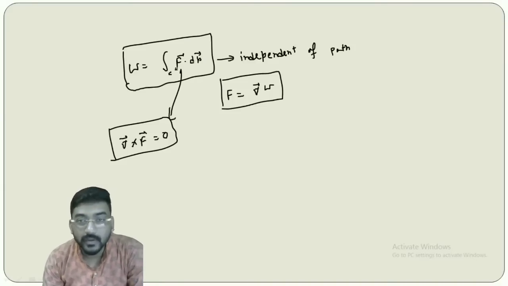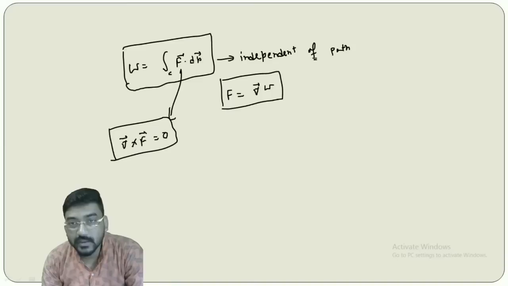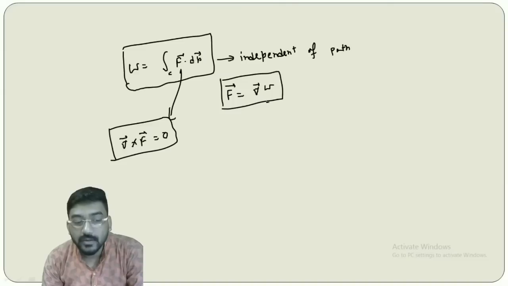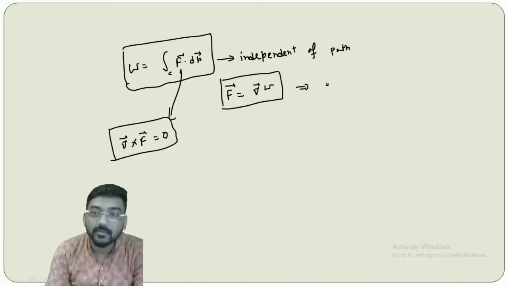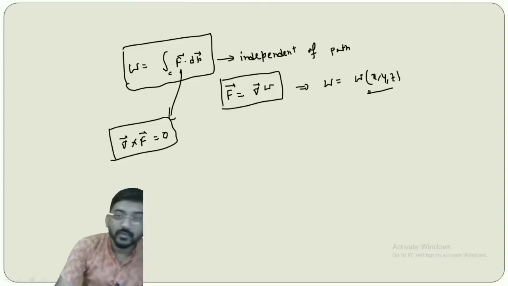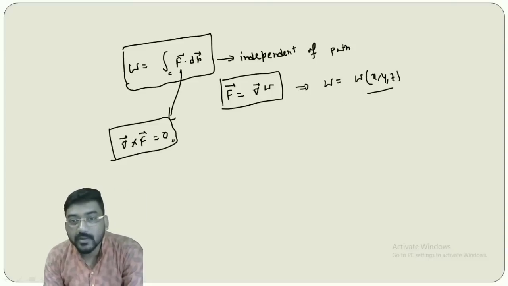If this integration is path independent, then the curl of this function is equal to 0, and F will always be gradient of this W. Let me suppose that W is a function of x, y, and z. So we get that curl of F is equal to 0 and F is equal to gradient of W. These are two properties of a conservative force.